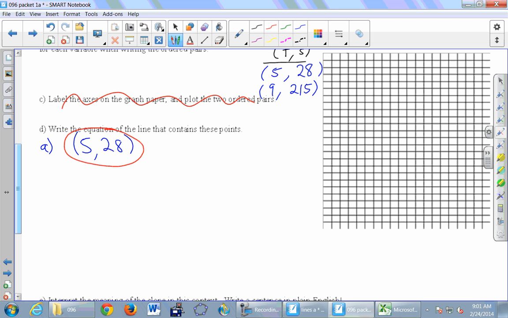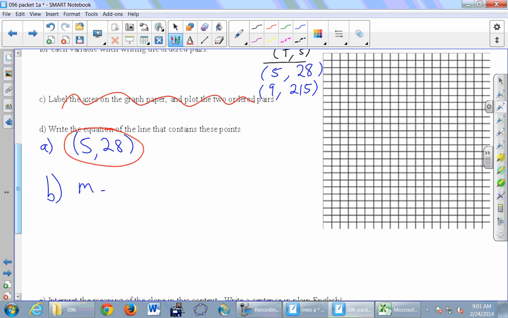What does part B ask us to calculate? Slope. In order to find the slope, what are we going to do? y2 minus y1, that whole equation, right? That's what we have.